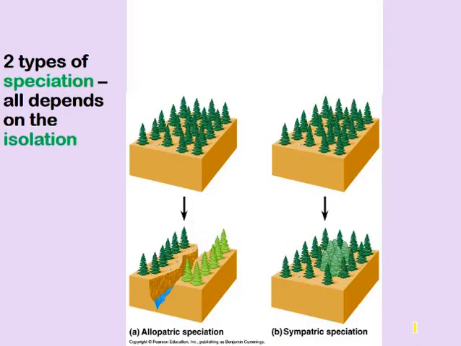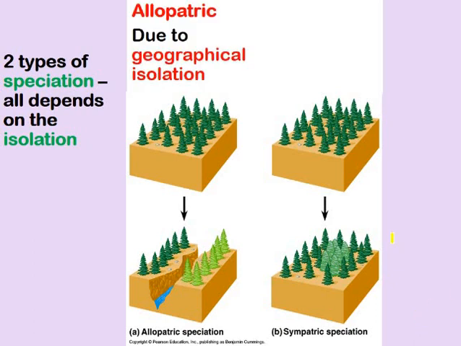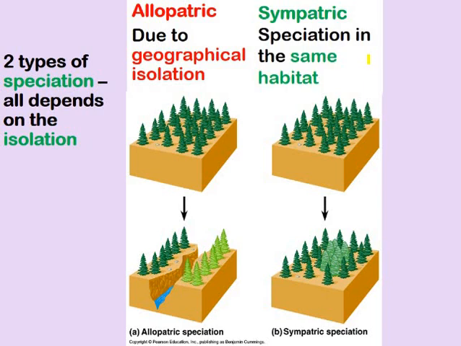Now, there are two types of speciation. It depends on how the populations have been isolated. The first type is allopatric speciation, and that's where you have some sort of geographical barrier that prevents organisms from interbreeding. And finally, sympatric speciation, which is where the species still share the same habitat, but there has been some other reason as to why they are not interbreeding together.